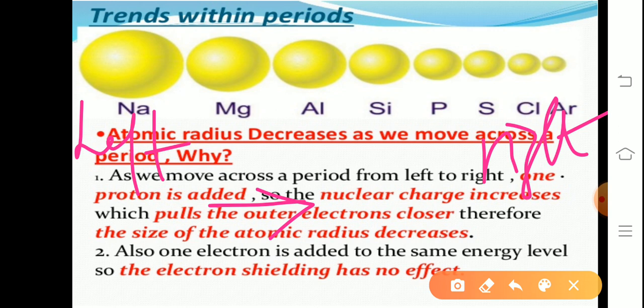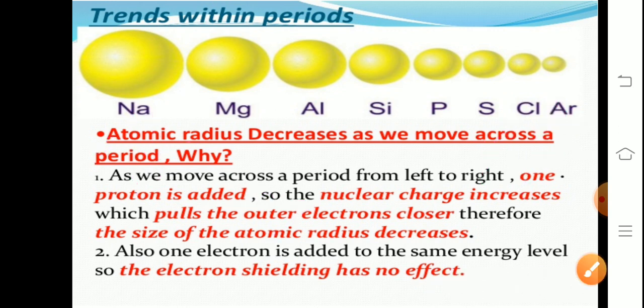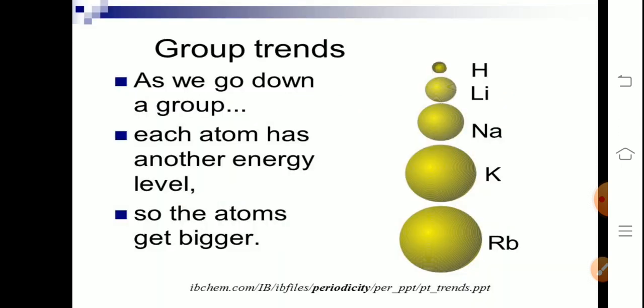Due to this reason, the size of the atomic radius is decreasing across periods.